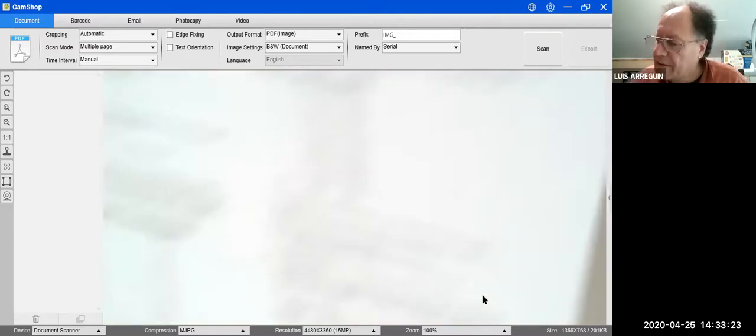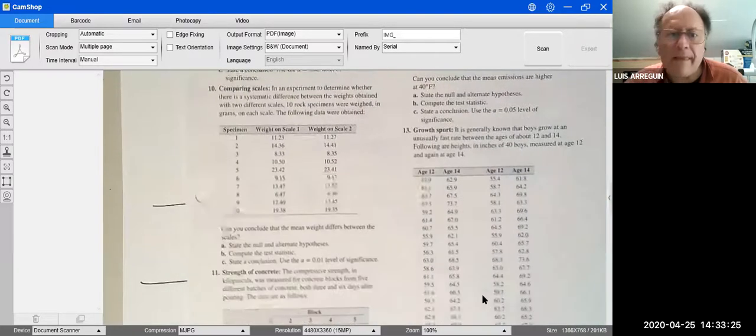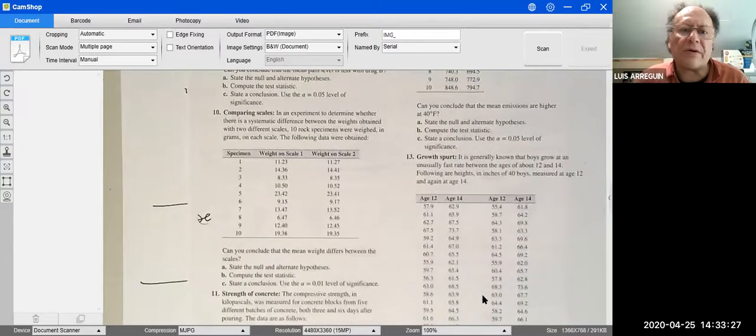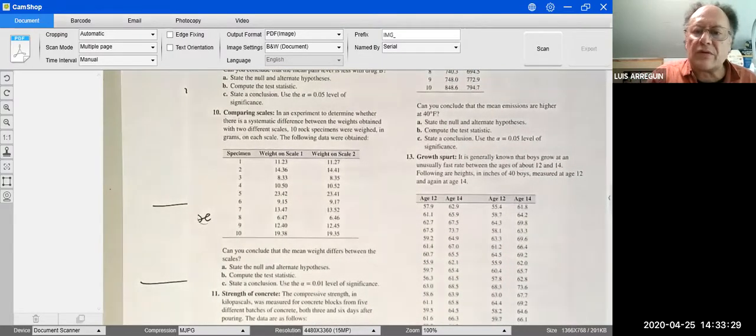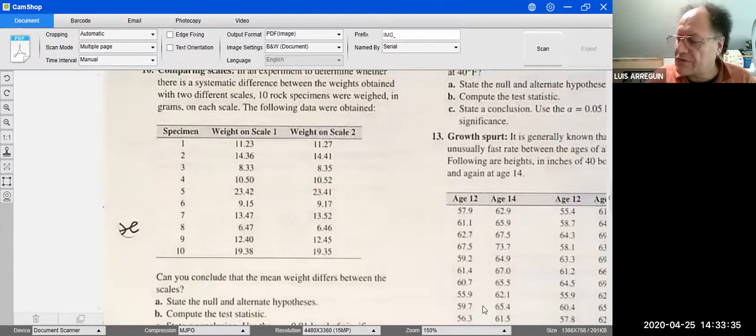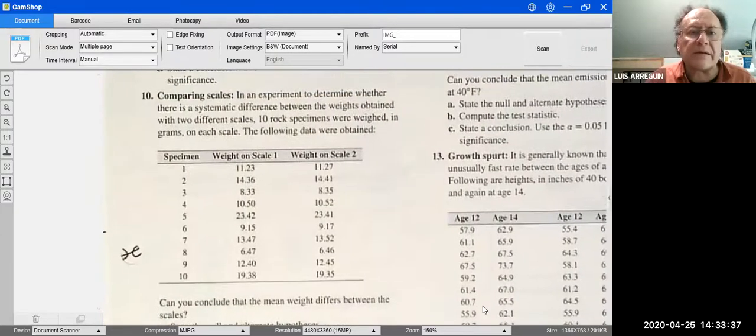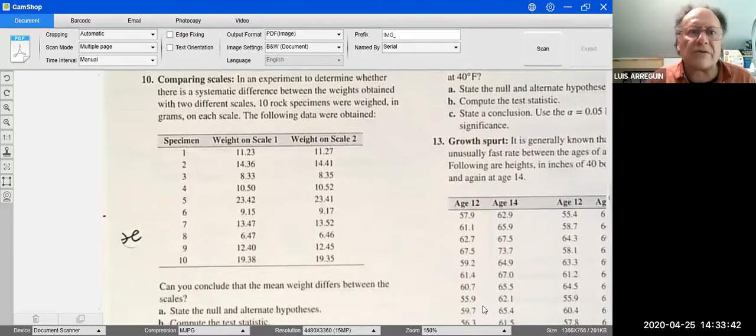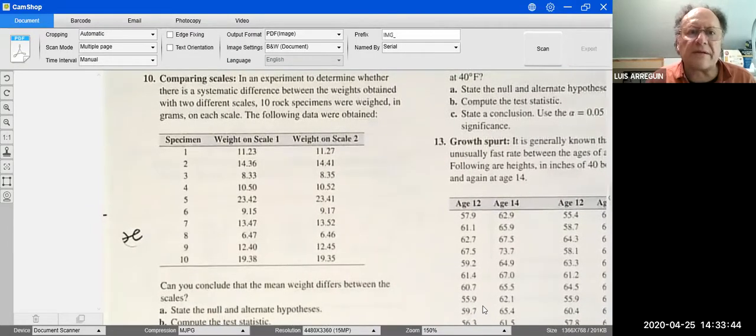So here, problem 10 is over here. So you are given two data sets. So you're going to need to compute your differences, and then also the statistics, the mean and the standard deviation. So you are comparing scales.